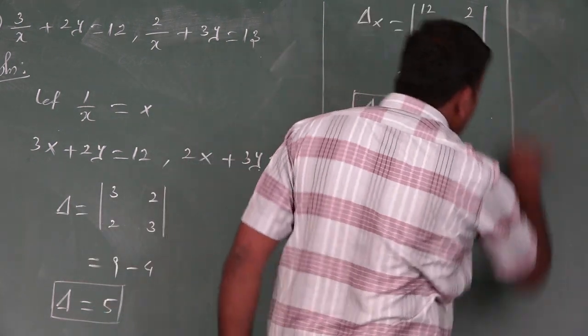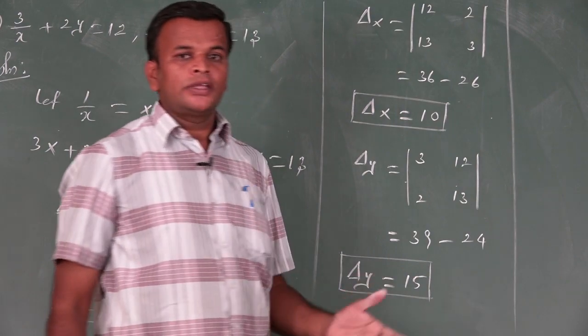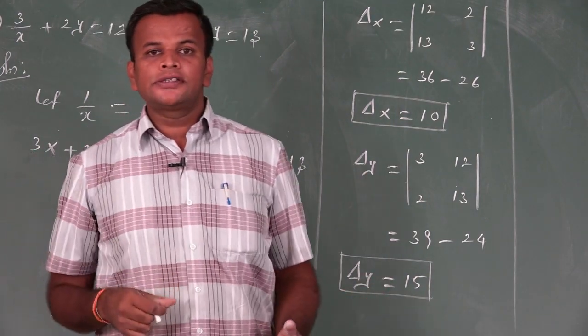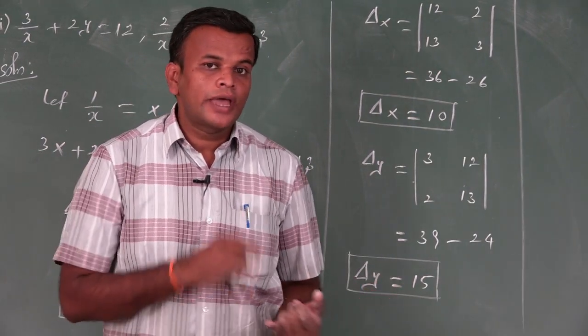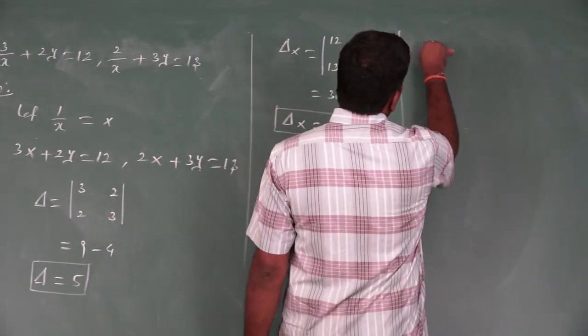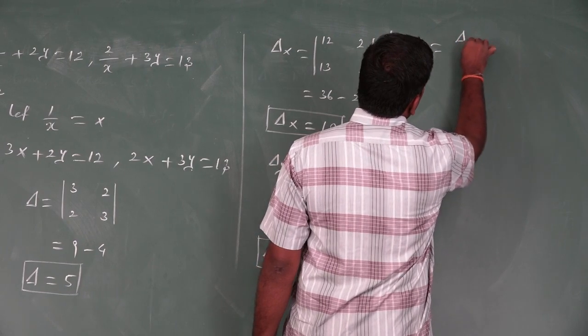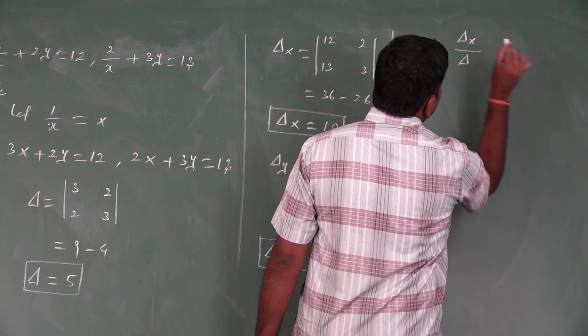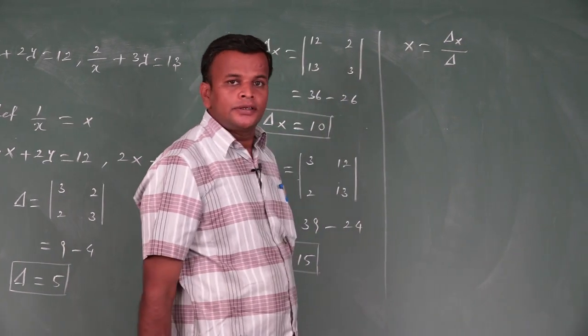Next, we write the formula of x and y. We find the value of capital letter X and Y only. So the formula of capital X is del X by del.